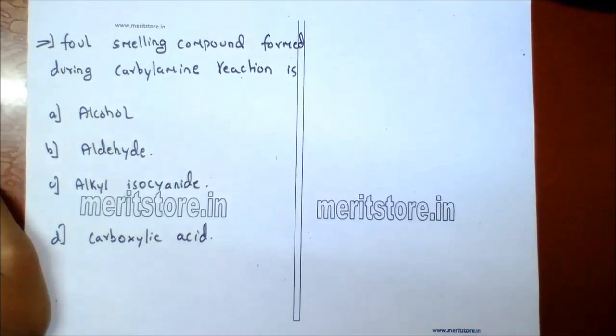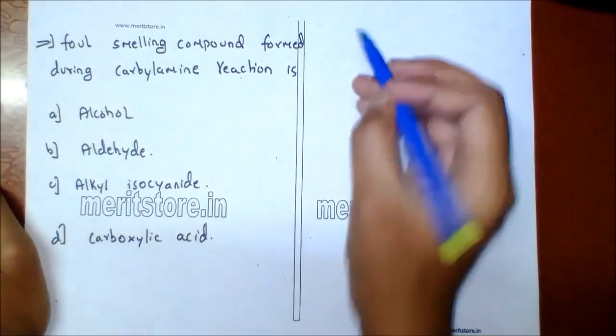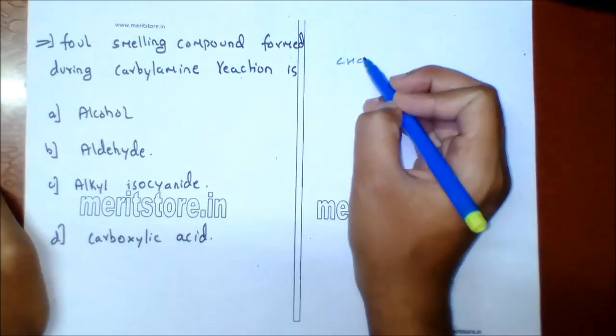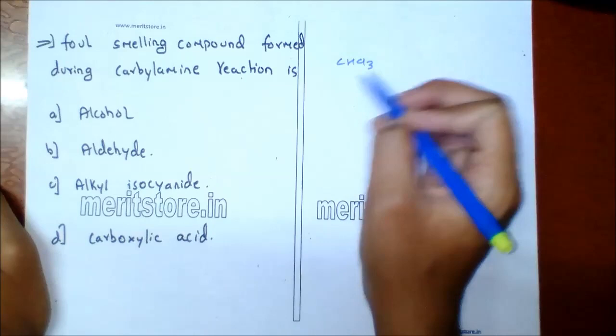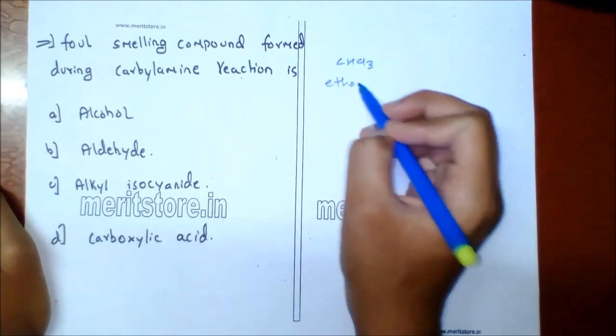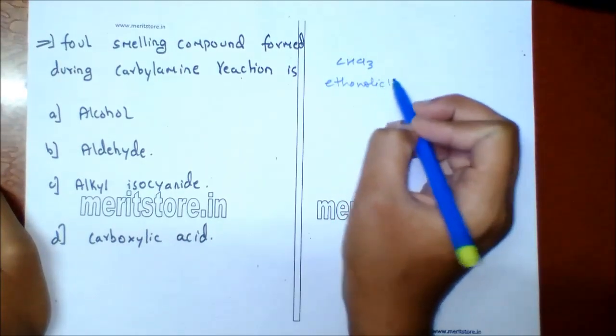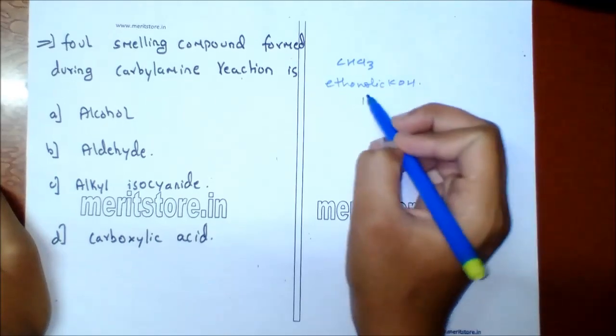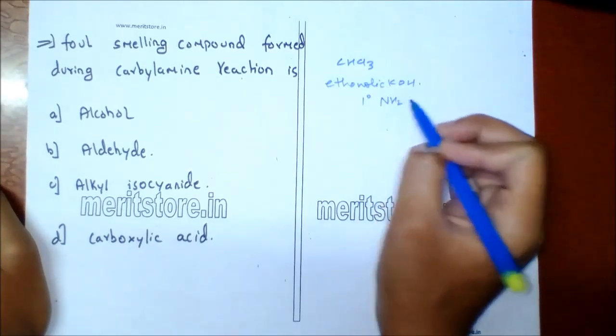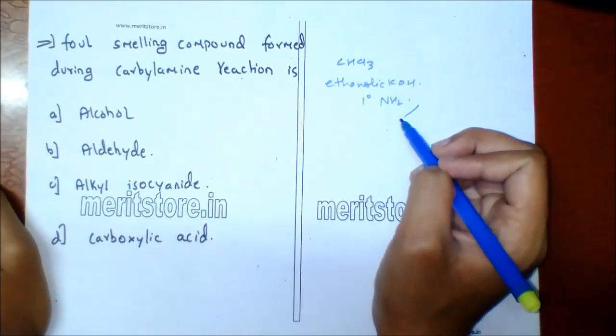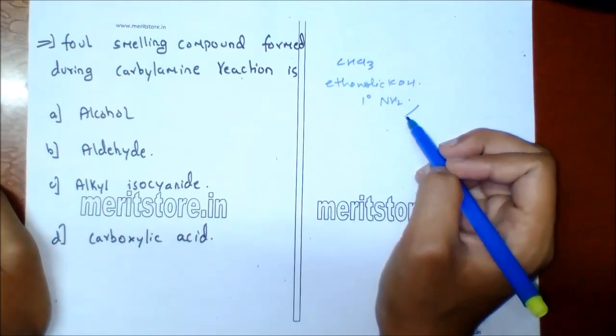The foul smelling compound formed during the carbylamine reaction is: A, alcohol, B, aldehyde, C, alkyl isocyanide, D, carboxylic acid. So on heating with CHCl3, that is chloroform, with ethanolic KOH and a primary amine, isocyanide is formed and is readily detected by its offensive odor.